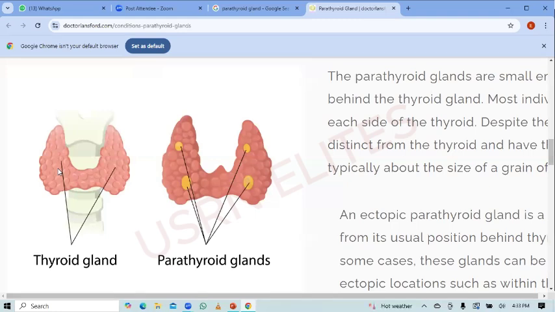So we can see the parathyroid glands, right? This is how they look, and they are behind the thyroid gland. They are four in number. So we can now remind ourselves why thyroidectomy can contribute towards hypoparathyroidism.